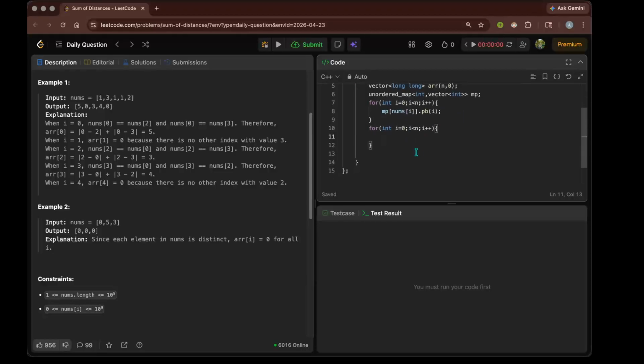And what we should do: we have the map with that index. We'll have the answer. We'll add that I minus here. X comma Y, I think we can use maybe.